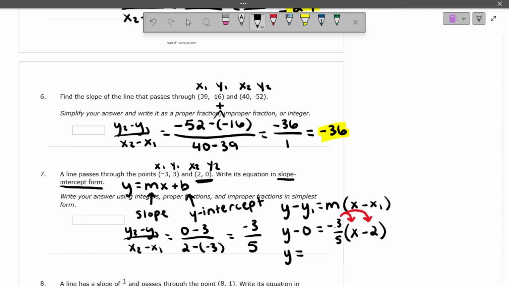So now it's y equals negative 3 over 5 x, and then we have a negative 3 over 5 times a negative 2. So whenever you work that out, that will be plus, because we have two negatives, a 6 over 5. So this right here, our final answer, y equals negative 3 over 5x plus 6 over 5, is our equation in slope-intercept form.